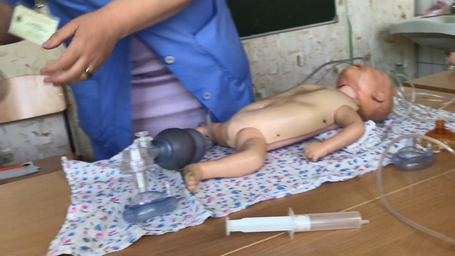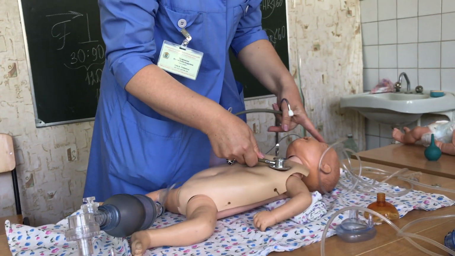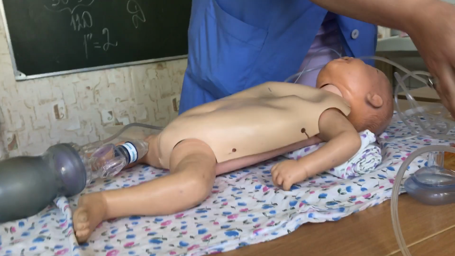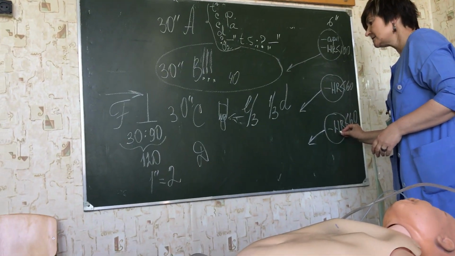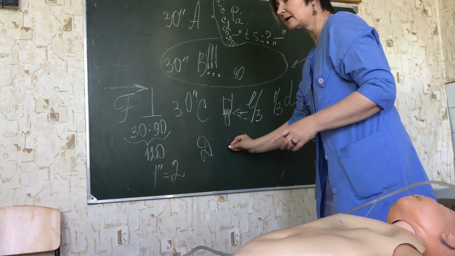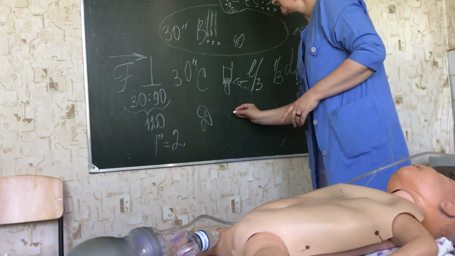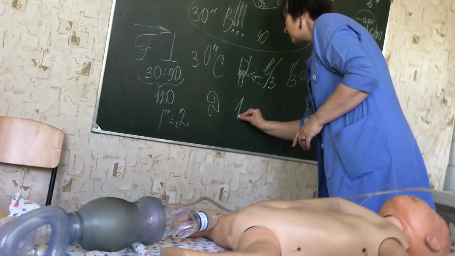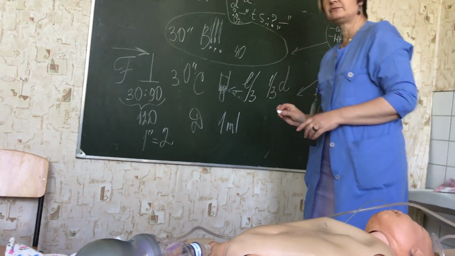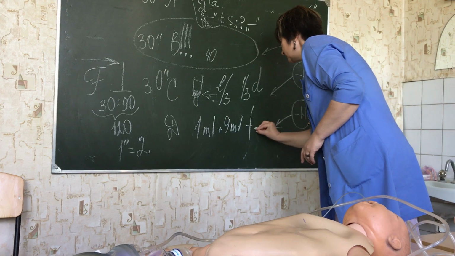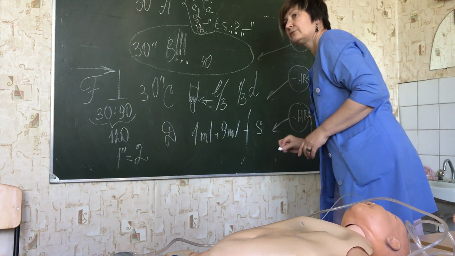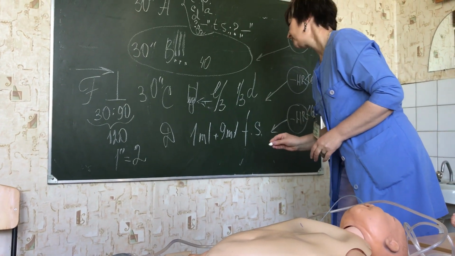After 30 seconds of cardiac massage with artificial ventilation, I check heart rate. If heart rate is less than 60, we use a drug. This is epinephrine. 1 milliliter of epinephrine plus 9 milliliters of physiological solution, natrium chloride.